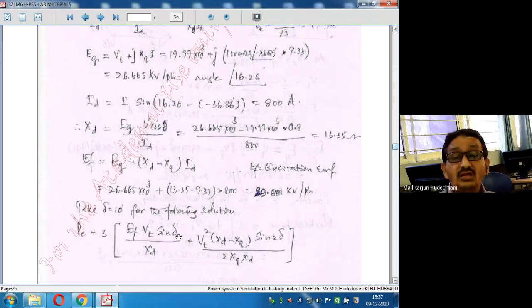Once I put a delta in position, sine delta and sine 2 delta turn out to be a magnitude. The first term is active power, the second term is reluctance power. I have two kinds of power. When I add them and multiply by 3, it becomes the total power transferred by the salient pole synchronous generator.